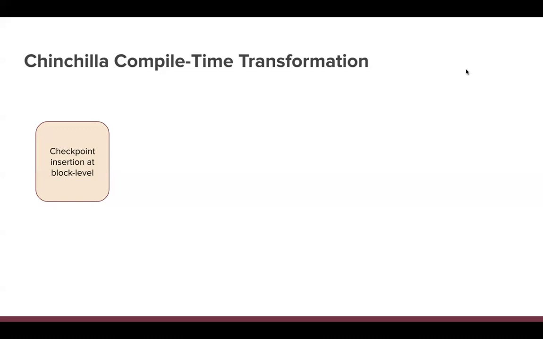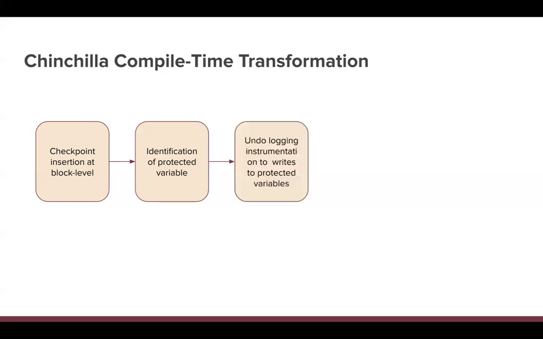The next transformation that Chinchilla employs is the identification of protected variables from the code. Now, this is done using a data flow analysis LLVM pass that is implemented. After identification of protected variables, Chinchilla implements the undo logging instrumentation to identify the writes to the protected variables between checkpoints.